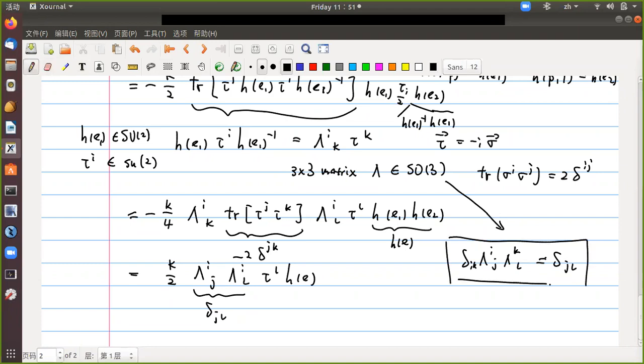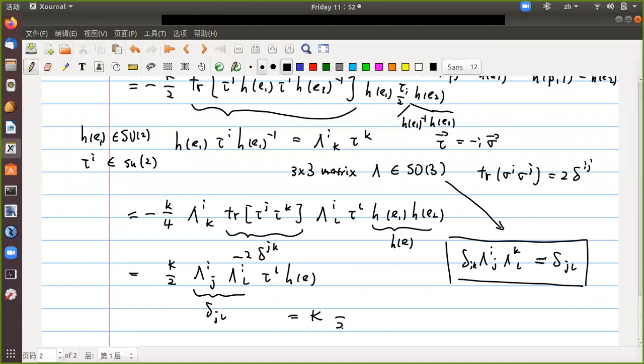Being a 3-dimensional rotation matrix, it preserves the Euclidean metric. Delta IK is the 3-dimensional Euclidean metric, and SO3 being a 3-dimensional rotation preserves this metric. It leaves the metric invariant. This is the definition of SO3, and you just use this formula. You see that lambda IJ, lambda IL is just delta JL. Now you simplify the formula once again.